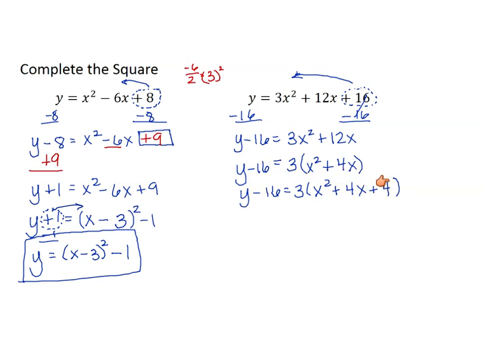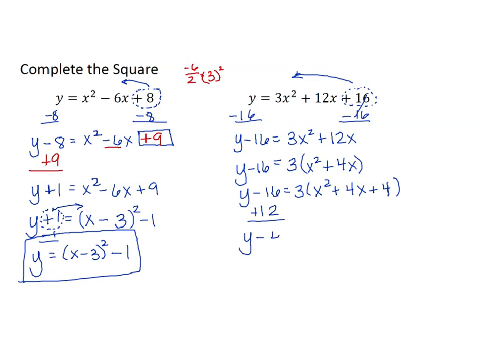But think about what you're actually adding on the right side. Yes, it's a plus 4 in here, but there's a times 3 on the outside. So this 4 that we wrote in here is being multiplied by 3. So it's actually like we added 12, because 3 times 4 is 12. So we have to add 12 on the other side.